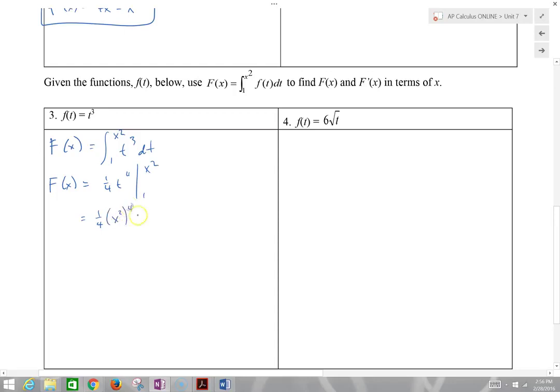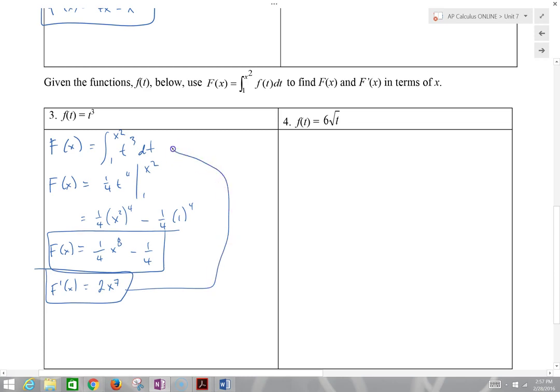X squared to the 4th minus 1/4 times 1 to the 4th. Is that 1/4 x to the 8th minus 1/4, and then F prime of x is equal to 2x to the 7th. Well, wait a minute. What the heck happened? Let's try it again.